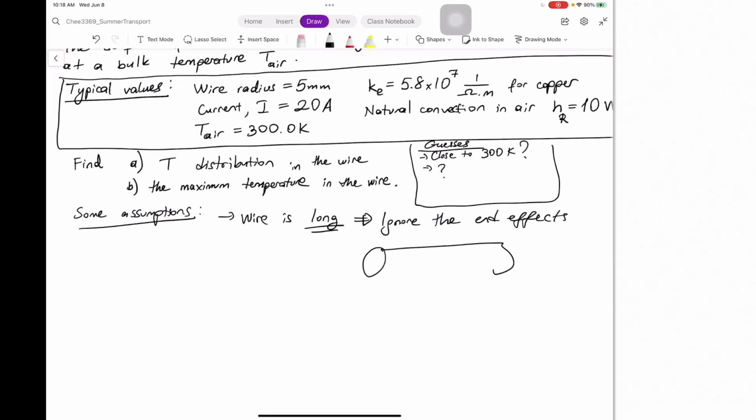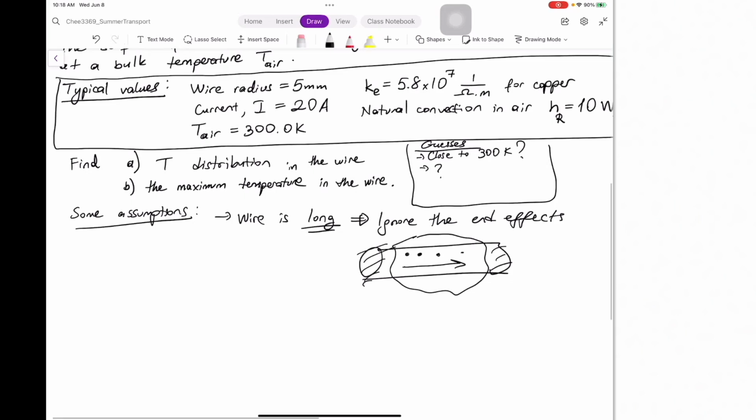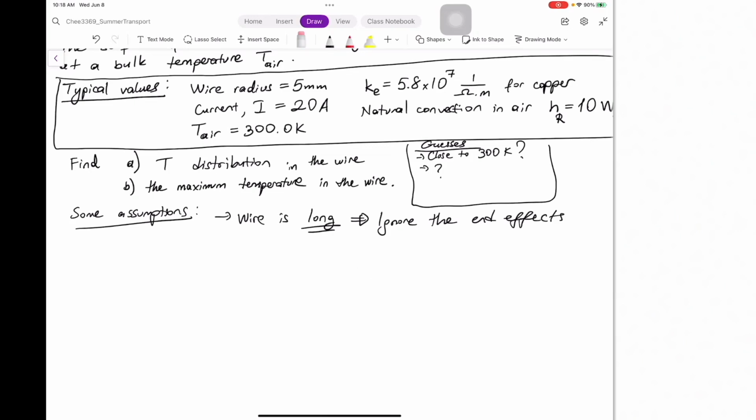Meaning that if this is your wire, whatever is happening is majorly happening here, and it's very symmetrical and also very homogeneous. This point is pretty much similar to this point, and so on. And you can neglect the end effects. So you can take it as the system is not changing with your z dimension. So that's what it means. You can ignore the end effects, and so the axial direction can be taken pretty much homogeneous.